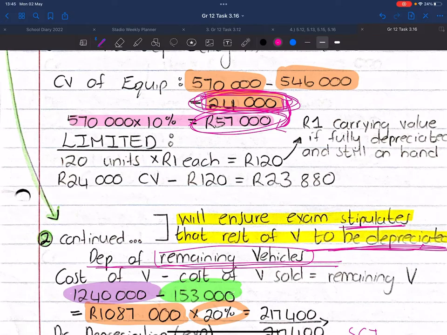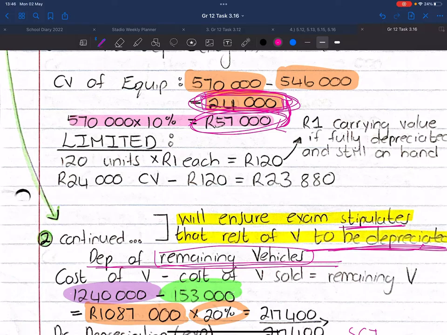So do you remember when we said when we depreciate an item but we still have it, so we haven't sold it, we are limited to the carrying value, and we make sure that we end up with a carrying value of 1. So just to represent that we still have that asset in our books instead of writing it off completely, because we do still have it. We didn't get rid of it entirely. We didn't sell it.